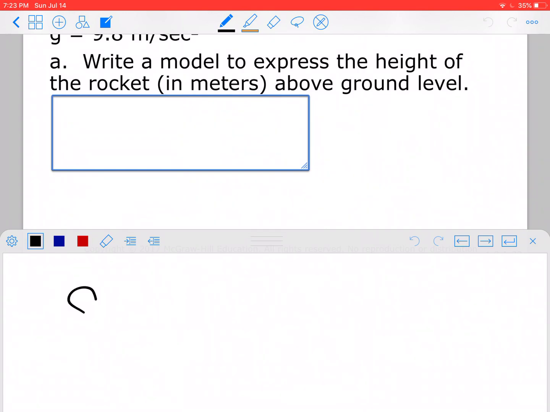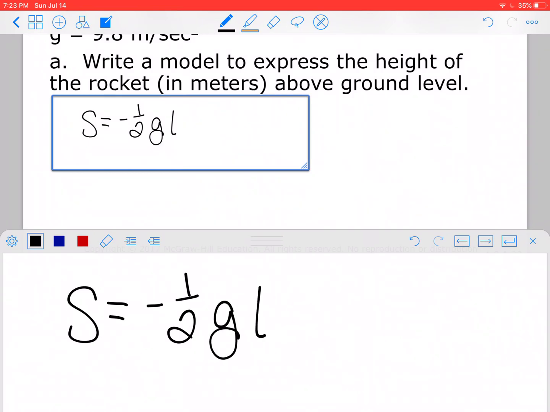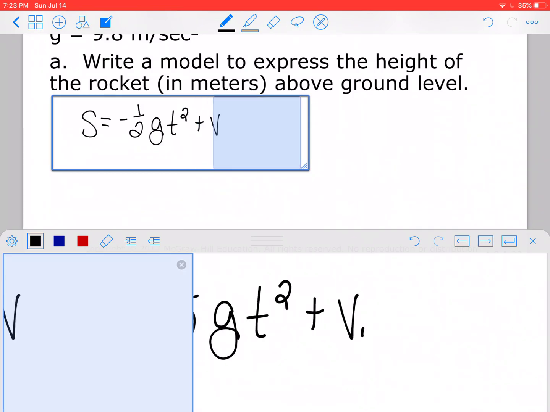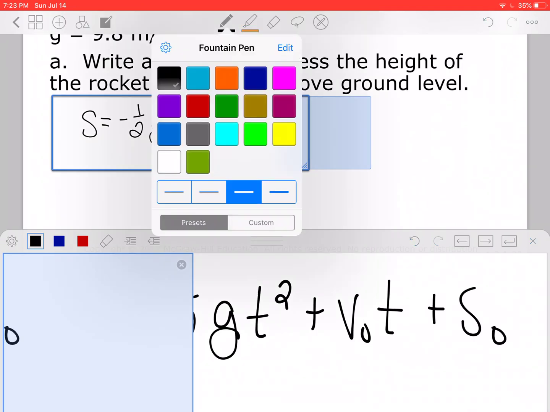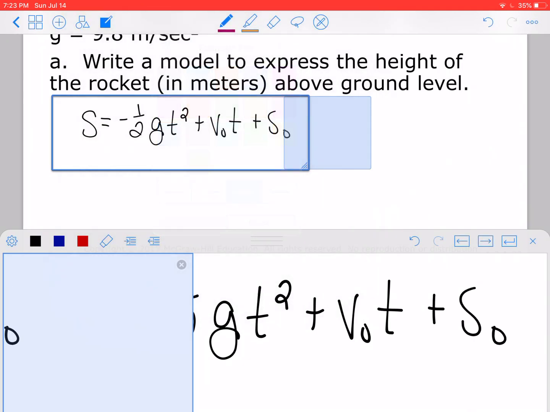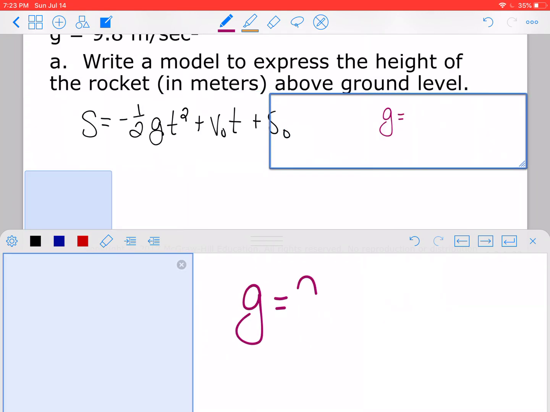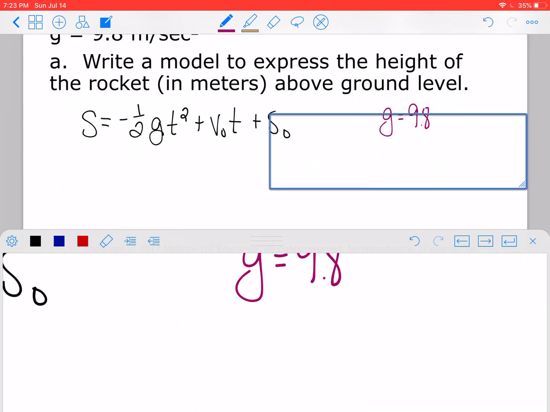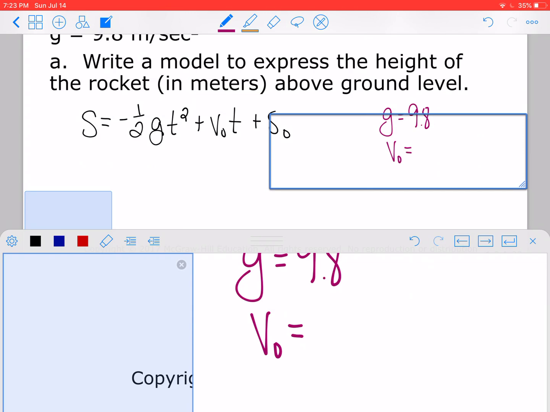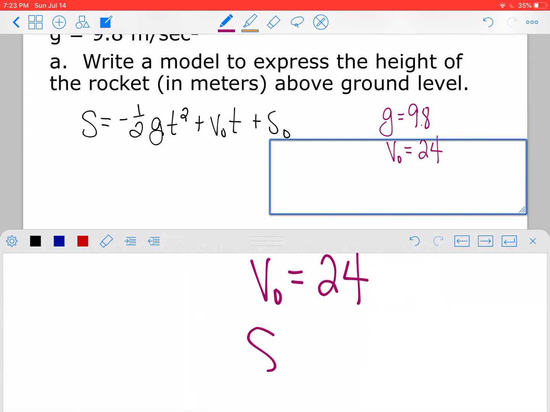So our formula is this. And so we're going to plug in. Let's go over here. You see, we said g is 9.8. Our initial velocity, it said, was 24, and the initial position is 1.